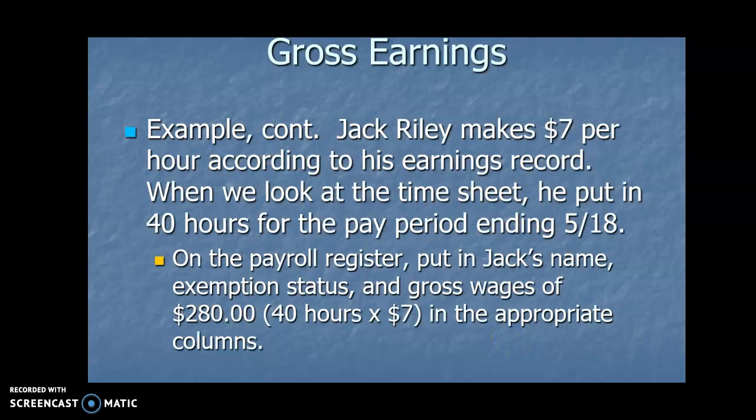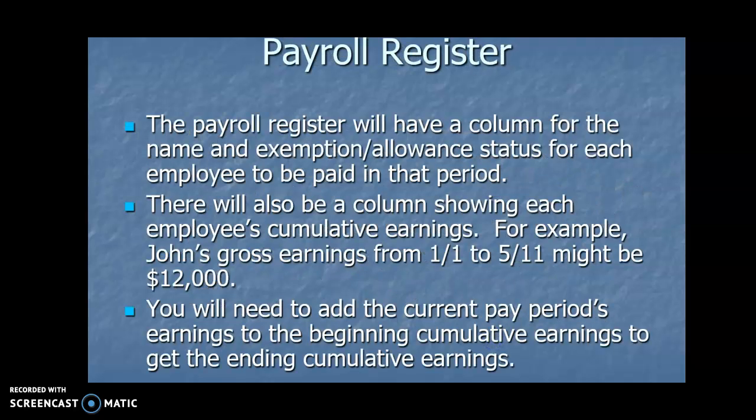Jack Riley makes $7 an hour according to his earnings record. He's an hourly person, so we look at his timesheet. He put in 40 hours for the pay period ending May 18. On the payroll register, we're going to put in his name, his exemption status, and his gross wages of $280, which is his 40 hours times $7 an hour, in the appropriate column.